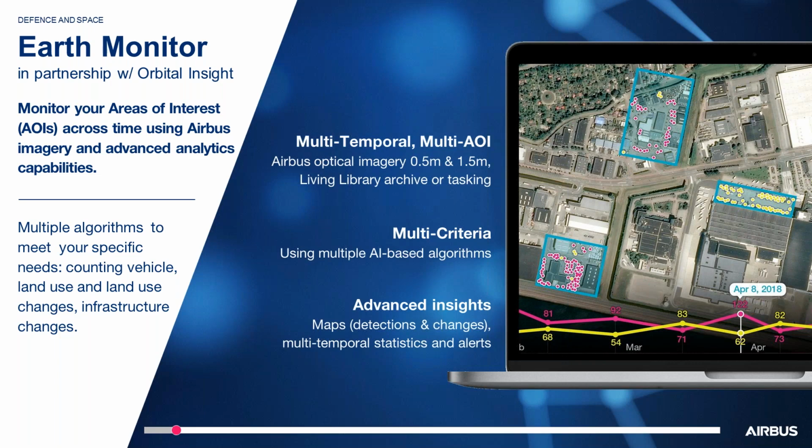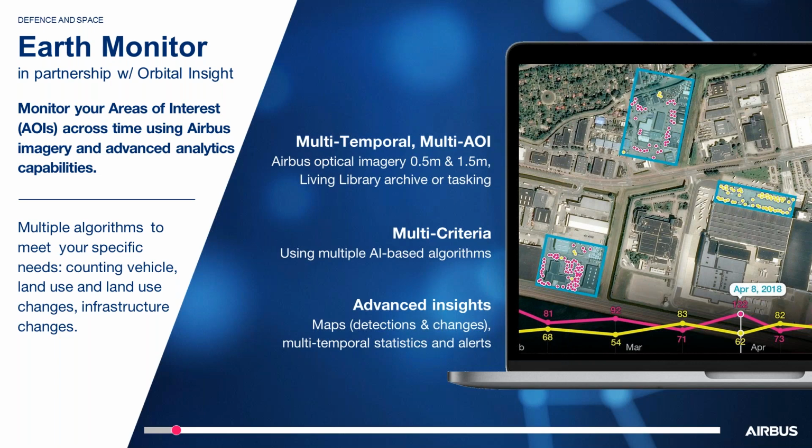At the bottom of the screen you can see two curves. The pink chart is the number of cars across time in the past, and in yellow is the number of trucks across time. For example, in March, you can see here we have 92 cars and 54 trucks.